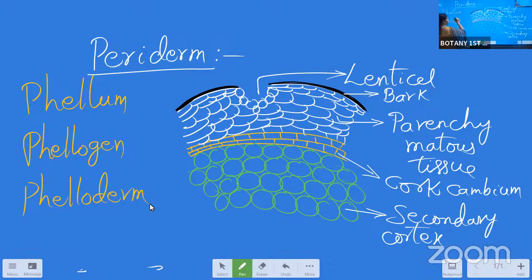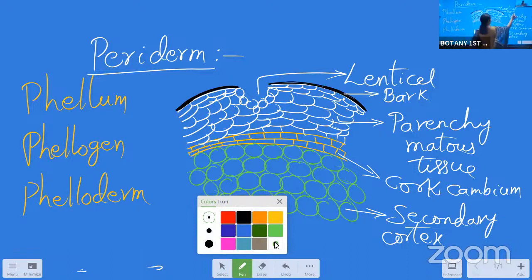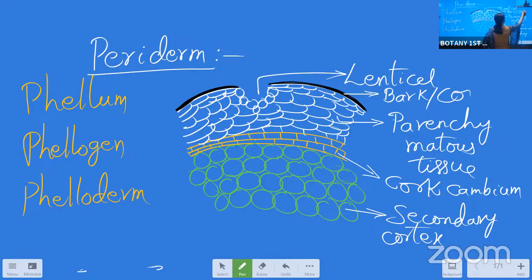The phellum means the cork, otherwise the bark, that is formed during the secondary growth outside the cork cambium, that is the cambial tissue. That is called the phellum. So this part is called the phellum.